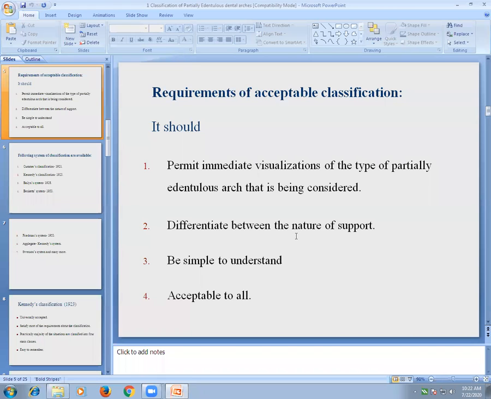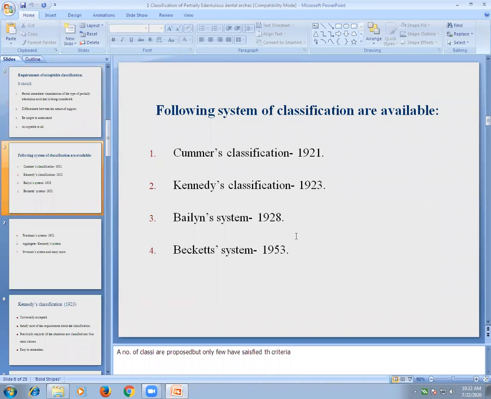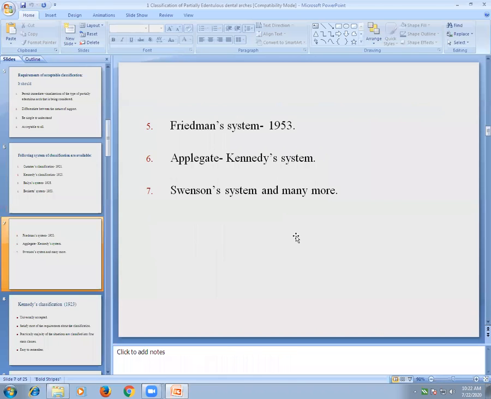Now, the systems of classification. The first classification was given in 19. Then Kennedy's classification, which is the most accepted classification, was given in 1923. Further, Bailyn's system was given in 1928. Then Beckett's system in 1953. Then Friedman's system in 1953.